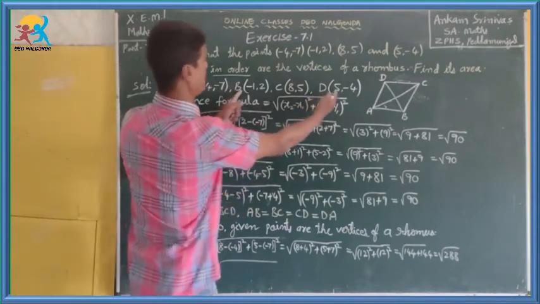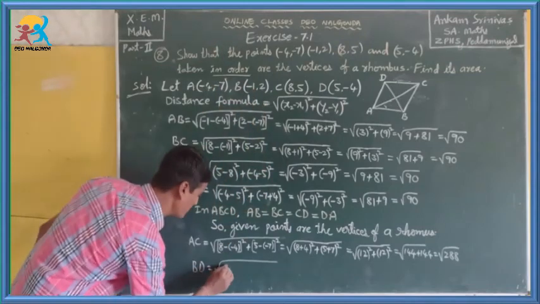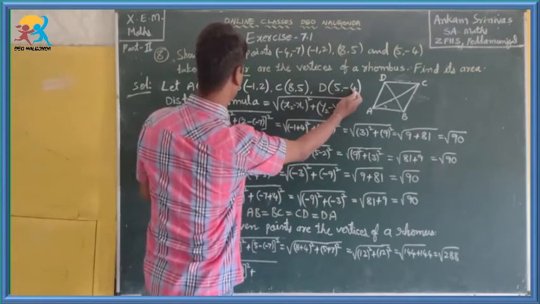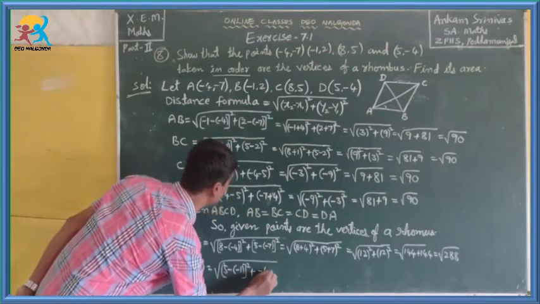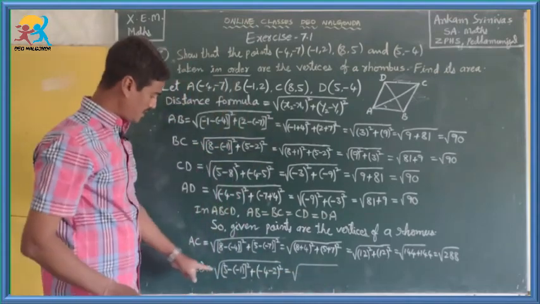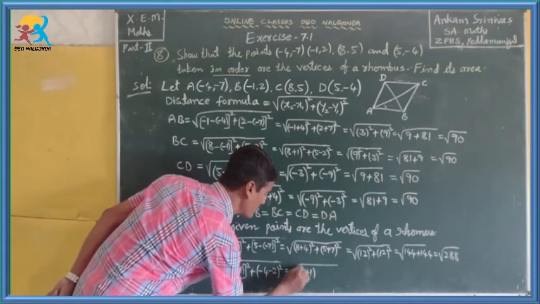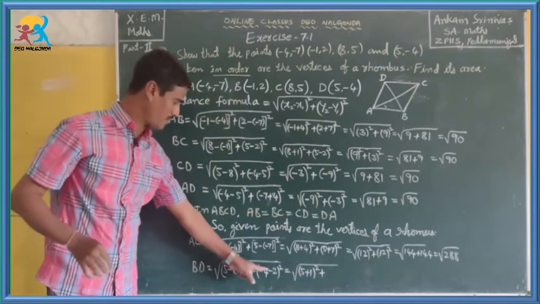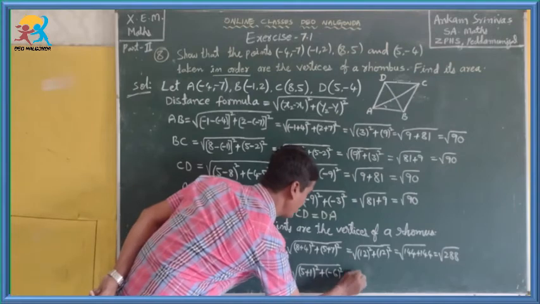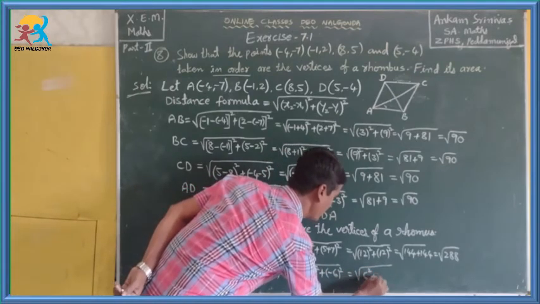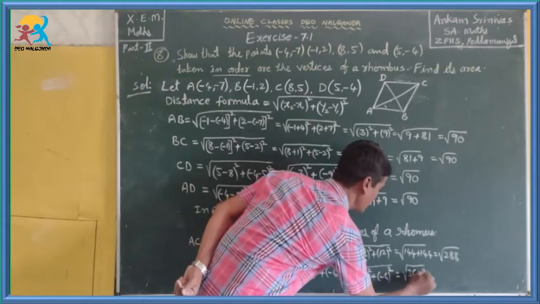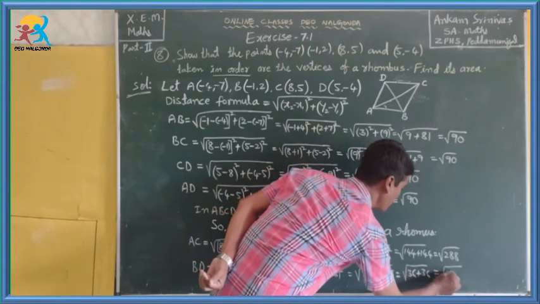For these two points: square root of (5 minus (minus 1)) whole square plus (minus 4 minus 2) whole square equals square root of, how much here? 5 plus 1 whole square plus (minus 4 minus 2), minus 6 whole square, and we will get the square root of 6 square plus (minus 6) whole square, equal to square root of 36 plus 36, equal to square root of 72.